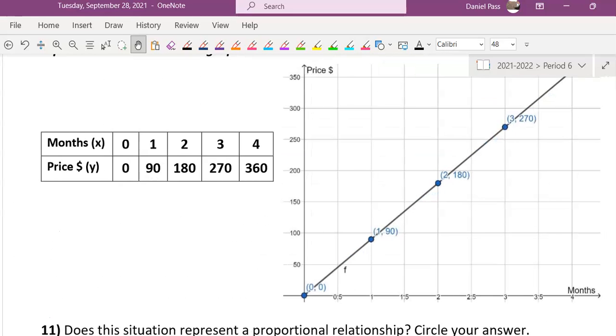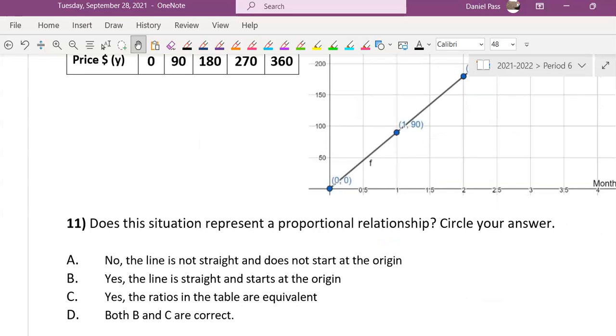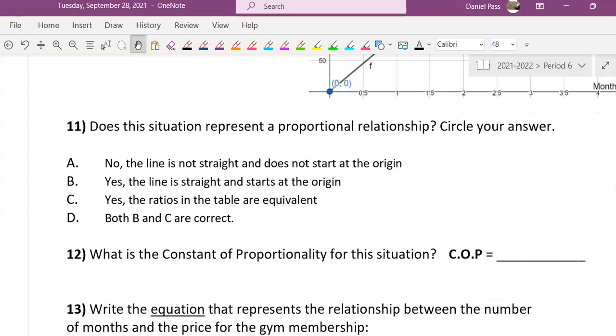Meaning when we divide each time, is it the same answer? Yes. So actually, what's the answer? D, because both B and C are correct. All right. Thanks, SpongeBob.